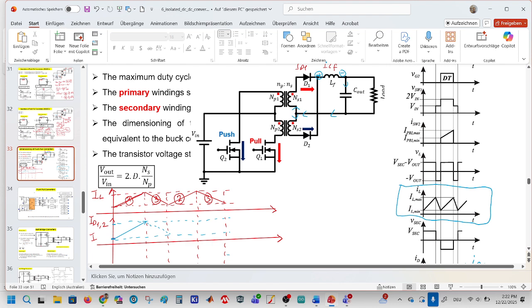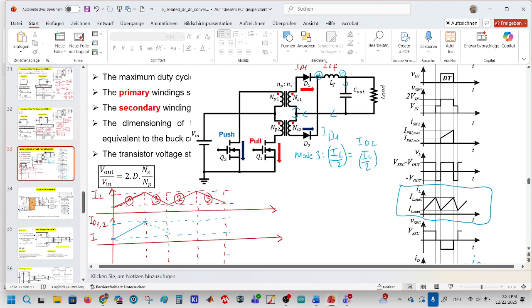Now, during mode 3, the diode 1 sees exactly the half of the inductor current. This is ID1 and is equal to ID2, and it's exactly the half of the inductor current.